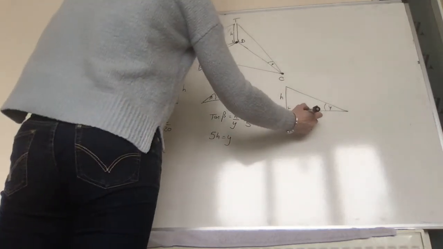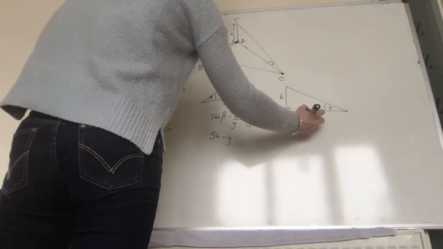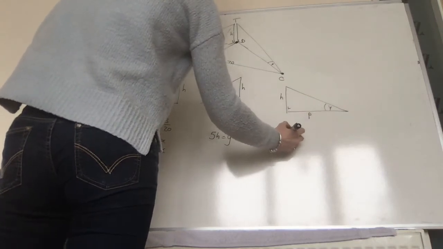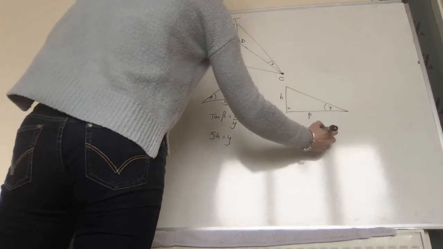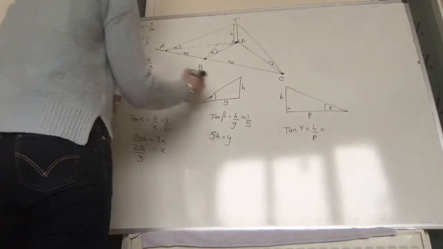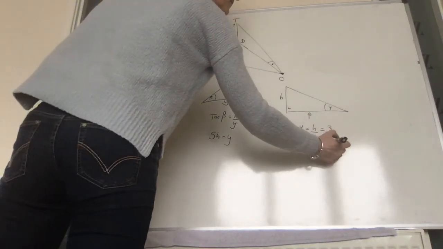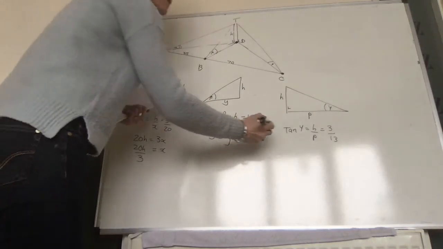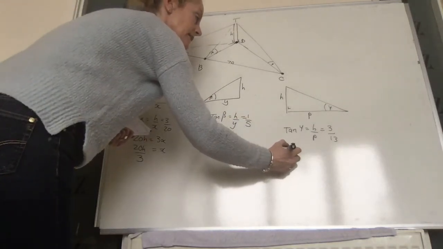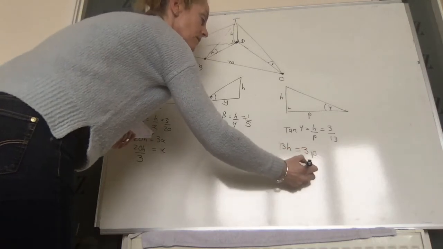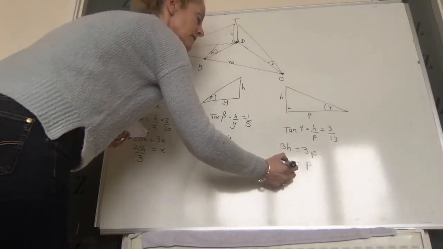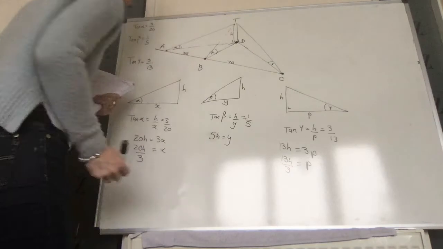If we call this p, the tan of gamma is h/p, which is also 3/13. So basically, 13h is equal to 3p, or p is equal to 13h/3.